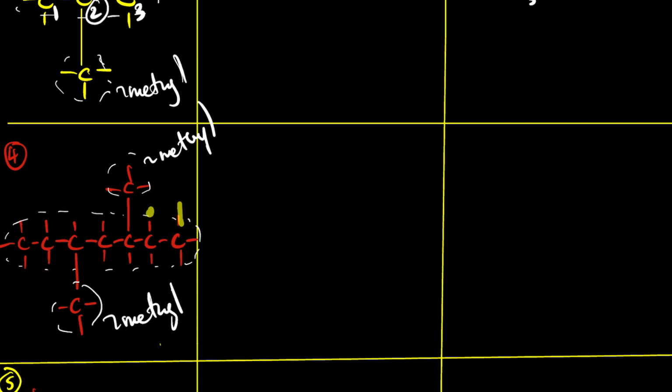This one is going to be 1, 2, 3, 4, 5, 6. It doesn't matter. So we can say here, this will be carbon 1, 2, 3, 4, 5, 6, 7, or we can say this is carbon 1, 2, 3, 4, 5, 6, 7. It doesn't matter because they are 3 carbons away from the end, right? So let's say we take this one.